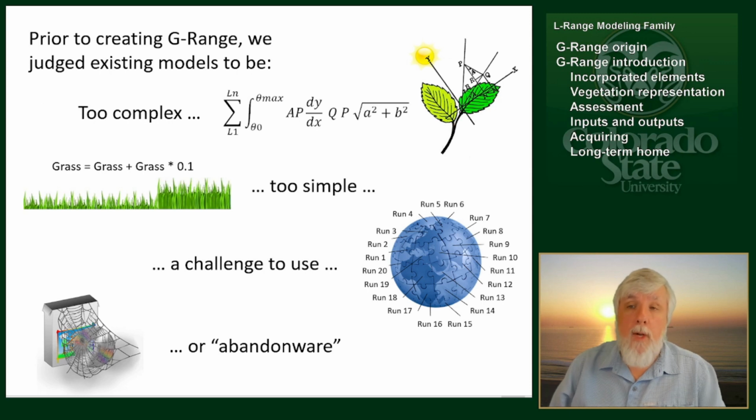Some were indeed too complex. Some were too simple. So, for example, you might have a quantity of grass, it's multiplied by some value to represent a growing season, and you end up with more grass. And it can represent dynamics well, but it's not happening through a process. And so the dynamics in an average year, say, may be represented well, but if there are changes in rainfall patterns or perhaps a drought or the like, it won't necessarily represent the changes that are associated with those rainfall patterns, say.